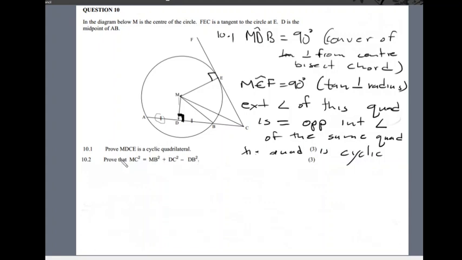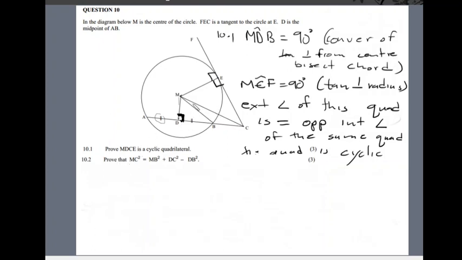I was waiting to say, when you saw this question, here you just apply the theorem of Pythagoras. Notice now we can apply the theorem of Pythagoras because we have a right-angled triangle here, we have it there.